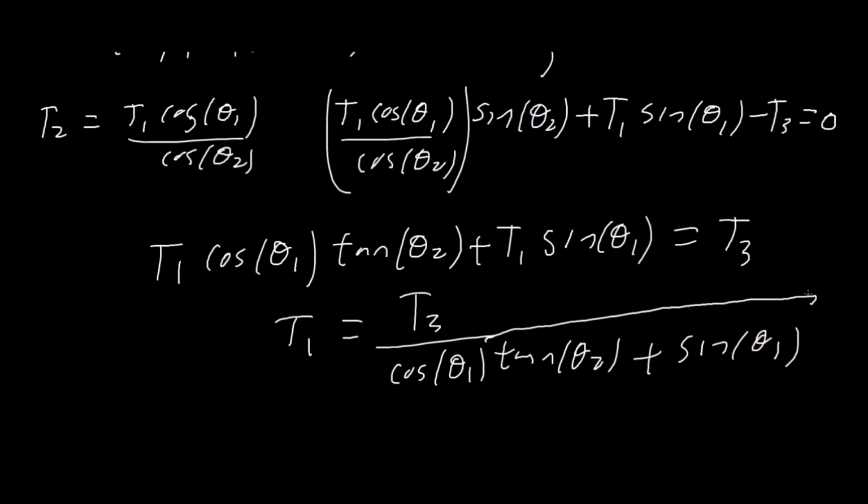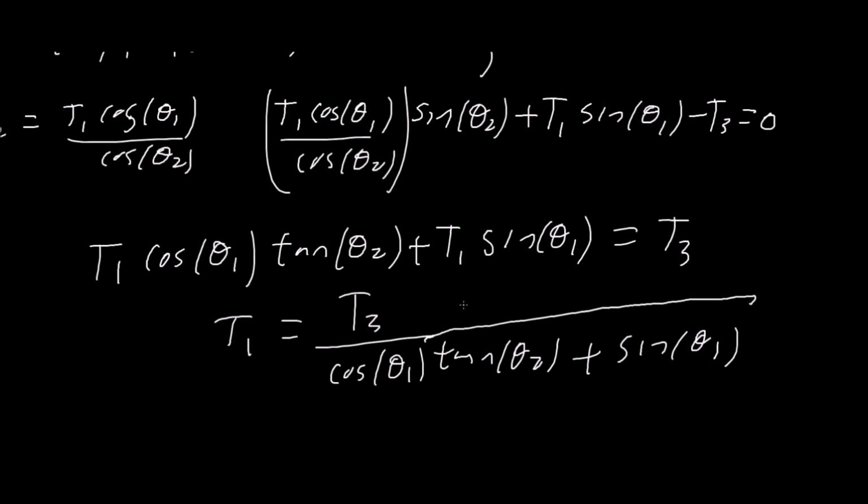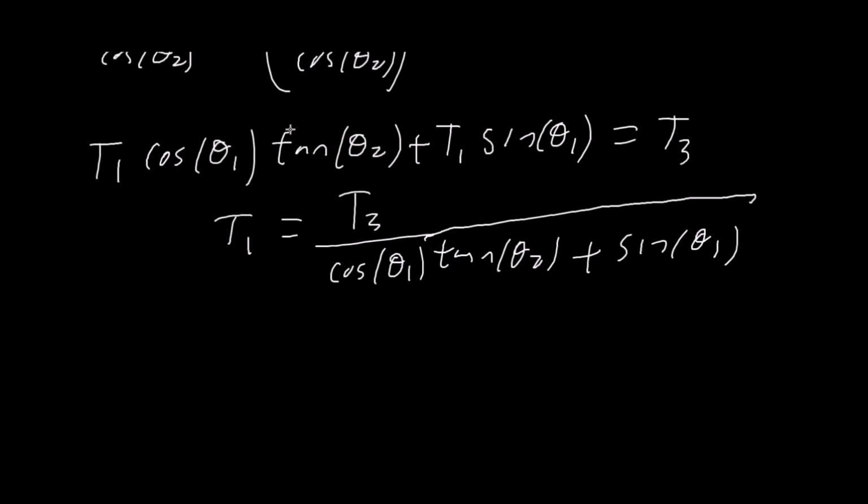So let's see what those values are. I did check the math, so I'm going to presume this is correct, folks. Let me rechange this a bit, because they want it in terms of an identity. So this would be sine of theta 2 over cosine of theta 2. Okay, this makes sense.